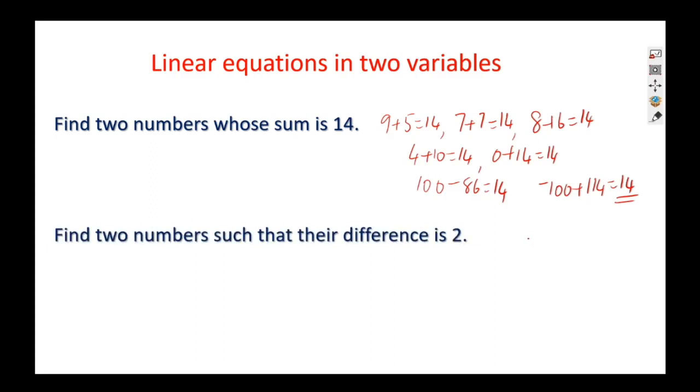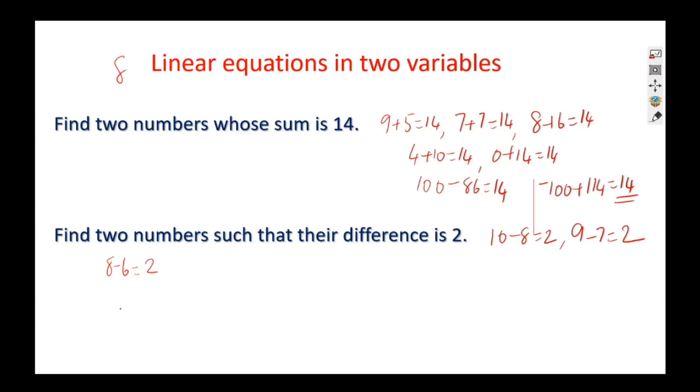Find two numbers such that their difference is equal to 2. Oh, so there I can write many such numbers where the difference is equal to 2. What all numbers I can write? 10 minus 8 is equal to 2. 9 minus 7 is equal to 2. 8 minus 6 is equal to 2.